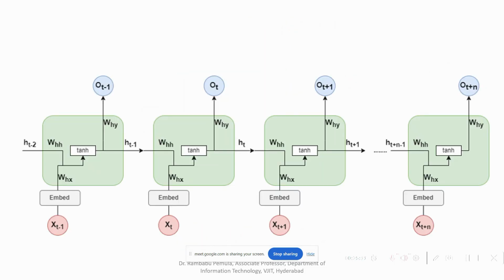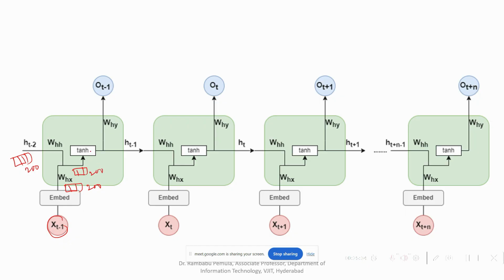Now see this one. For example, here xt minus 1 is embedded into a word, and we convert it to some length of word, a 200-length word. Here also we have a 200-length word that is multiplied by WHH and WHX, and we get the output as a 200-length word.